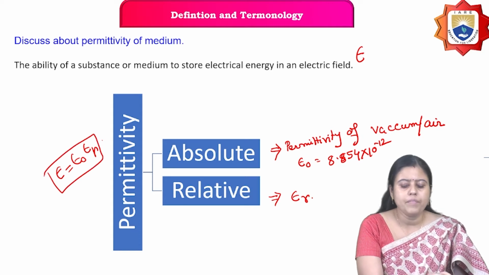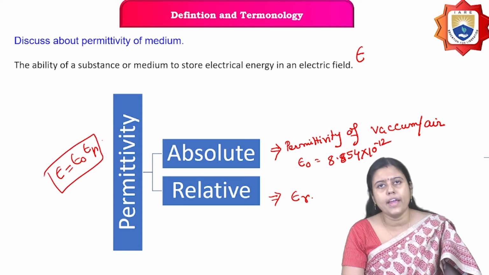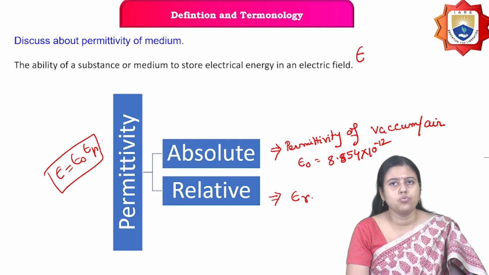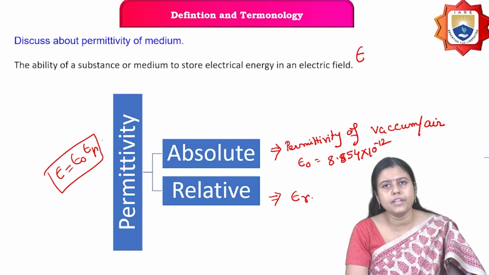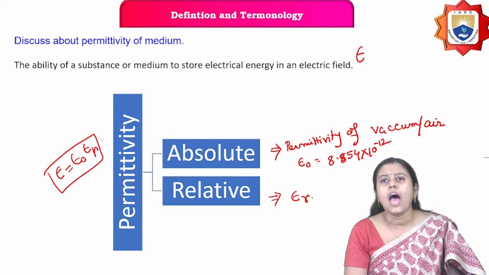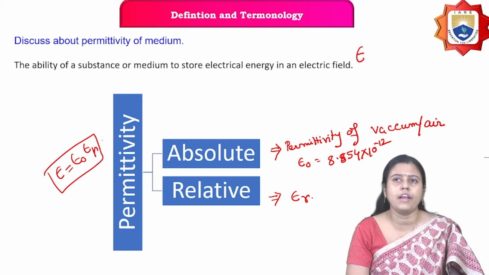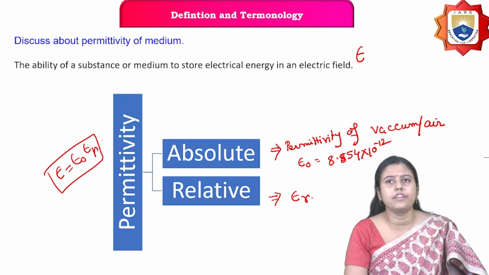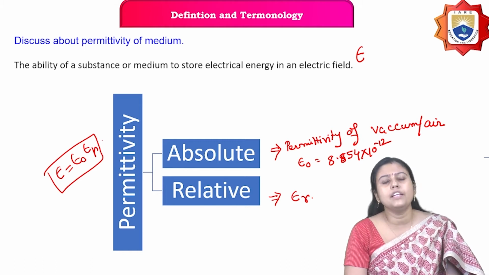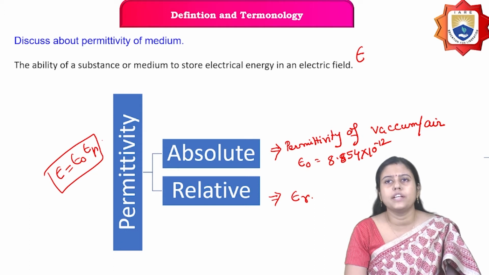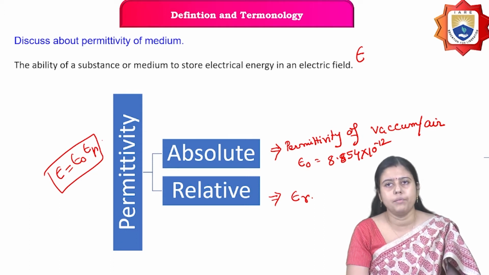It is of two types: absolute permittivity and relative permittivity. Absolute permittivity epsilon 0 is equal to 8.854 into 10 to the power minus 12. Relative permittivity is the ratio of the true permittivity with respect to the absolute permittivity.